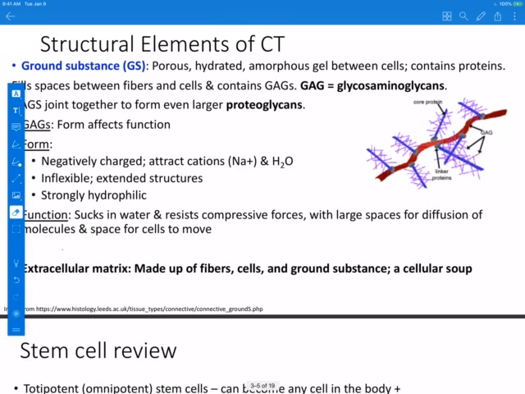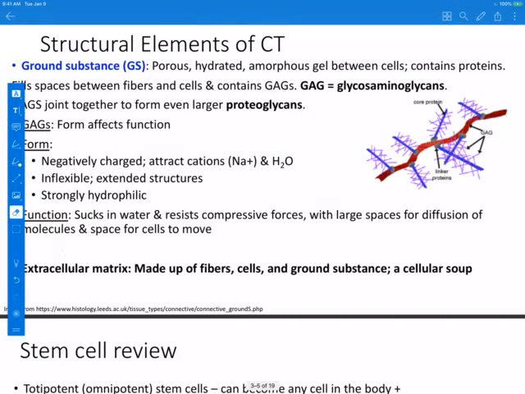Basically, glycosaminoglycans are unbranched polysaccharide chains, and they're made up of long chains of repeating disaccharide units. So basically, it's like a repeating sugar unit.